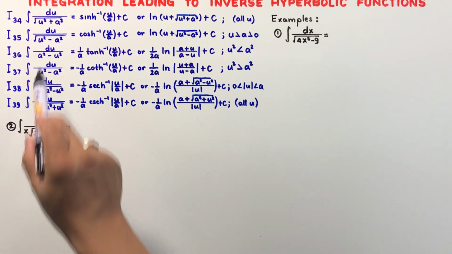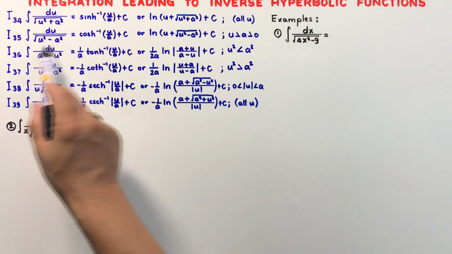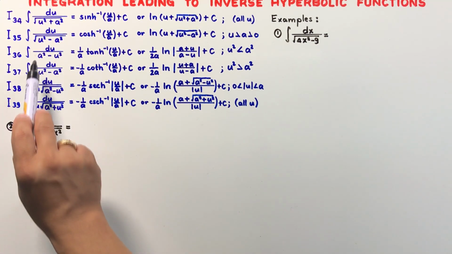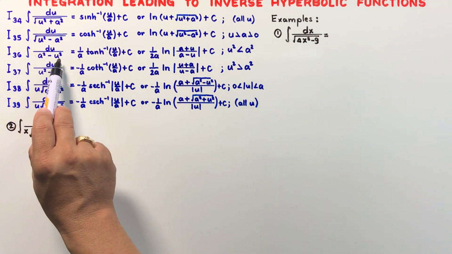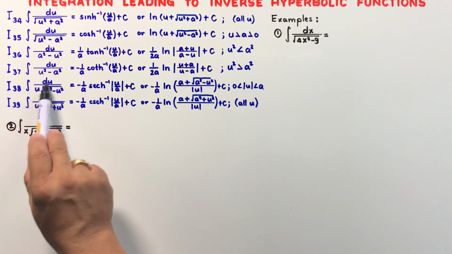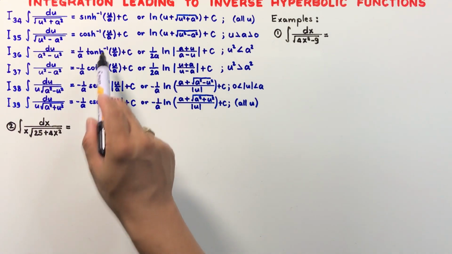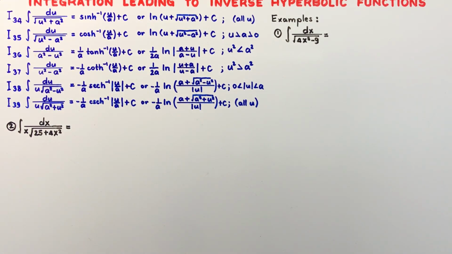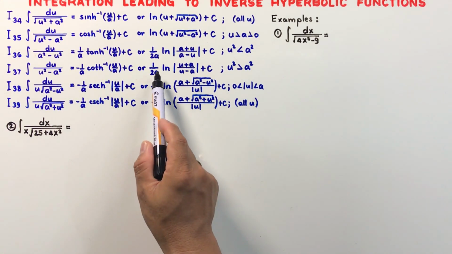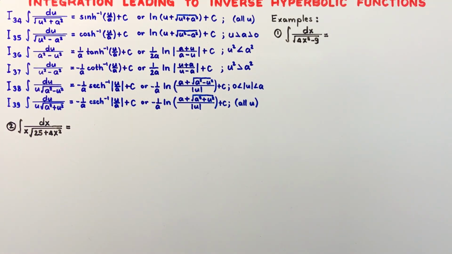And we have the next two, which are almost the same, because in the denominator here is a squared minus u squared, but here it's u squared minus a squared. And their answers are all inverse hyperbolic functions, which are also logarithmic functions.